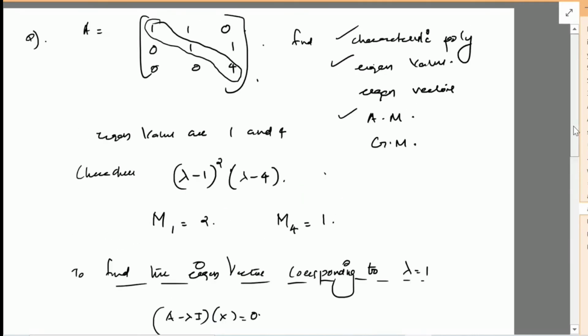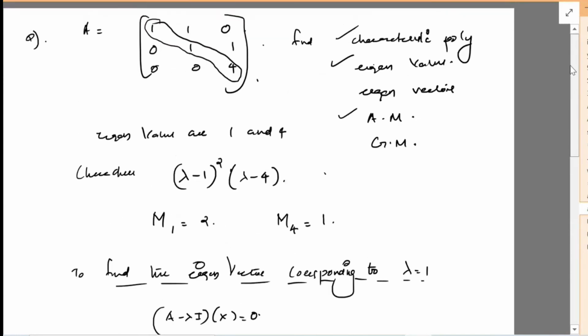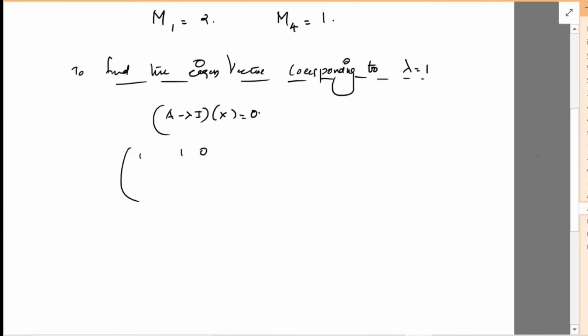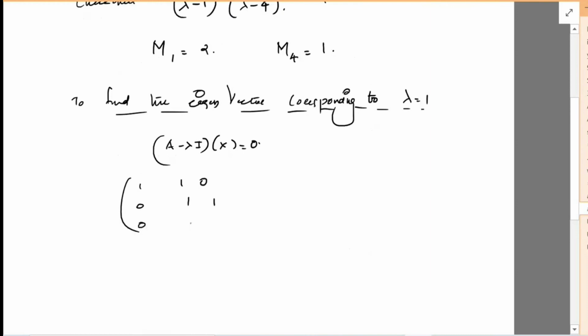Subtract 1 from the diagonal entries of A. The given matrix is 1 1 0, 0 1 1, and 0 0 4.